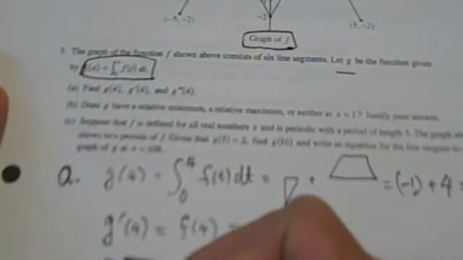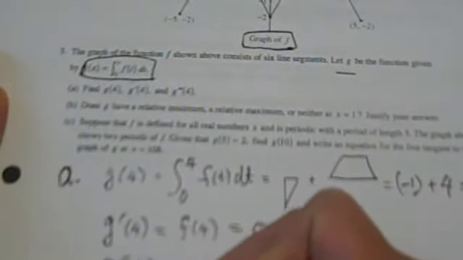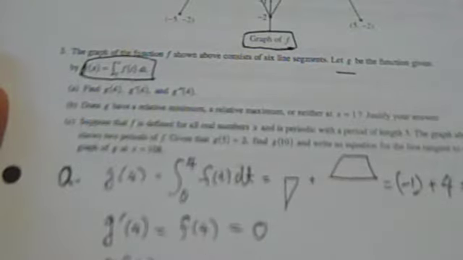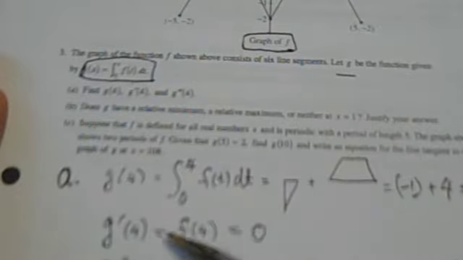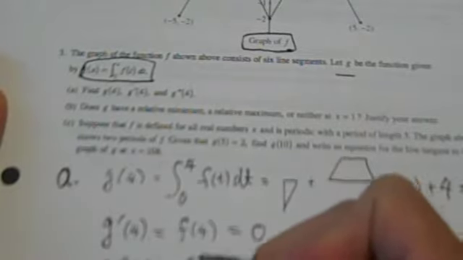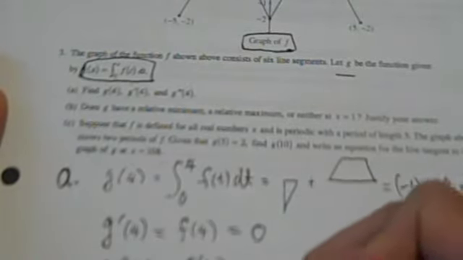Now we go to G double prime of 4. Now G double prime of 4, maybe if the logic holds, right? G of 4 is the integral, G prime is the f, G double prime then becomes f prime. It follows a very simple pattern.